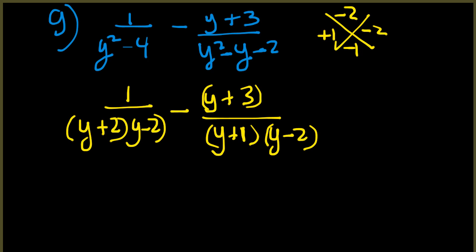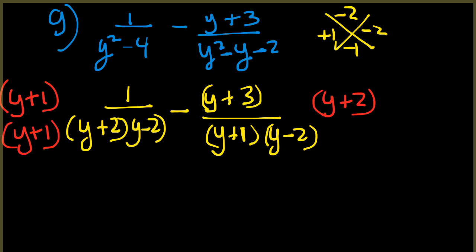And what we end up with, now I can see what I need to add to each fraction. Over here I'm missing a y plus 1, so I need to multiply both numerator and denominator by y plus 1. Over here I'm missing a y plus 2, so I have to multiply both numerator and denominator by y plus 2.